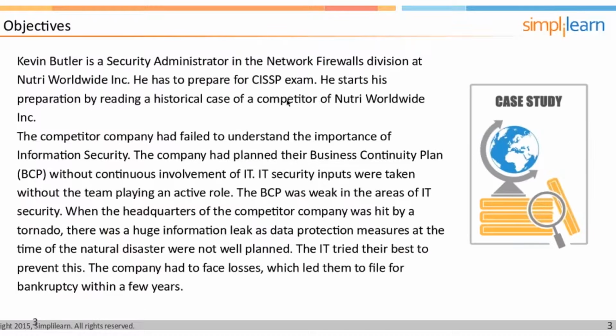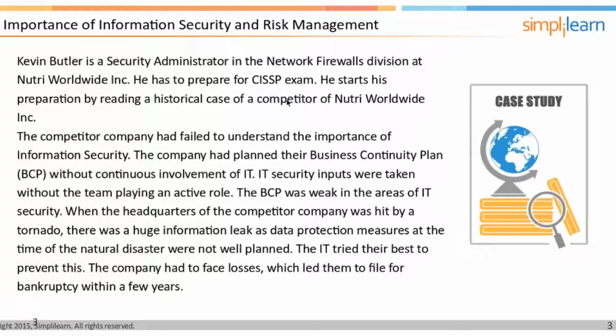Okay, so let's begin with the case study. Let me read out the case study. It says: importance of information security and risk management. Kevin Butler is a security administrator in the Network Firewalls division at Nutri Worldwide Incorporated. He has to prepare for the CISSP exam. He starts his preparation by reading a historical case of a competitor of Nutri Worldwide Inc. The competitor company had failed to understand the importance of information security. The company had planned their business continuity plan without continuous involvement of IT.